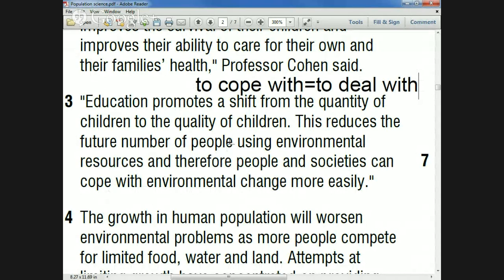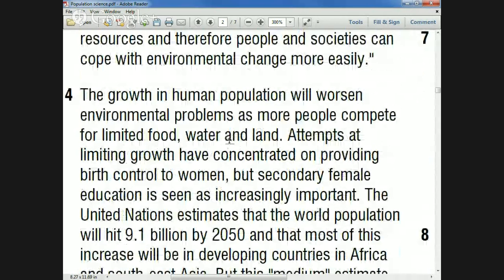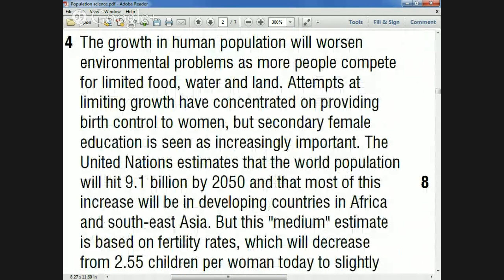The growth in human population will worsen environmental problems as more people compete for limited food, water, and land. Attempts at limiting growth have concentrated on providing birth control to women, but secondary female education is seen as increasingly important.